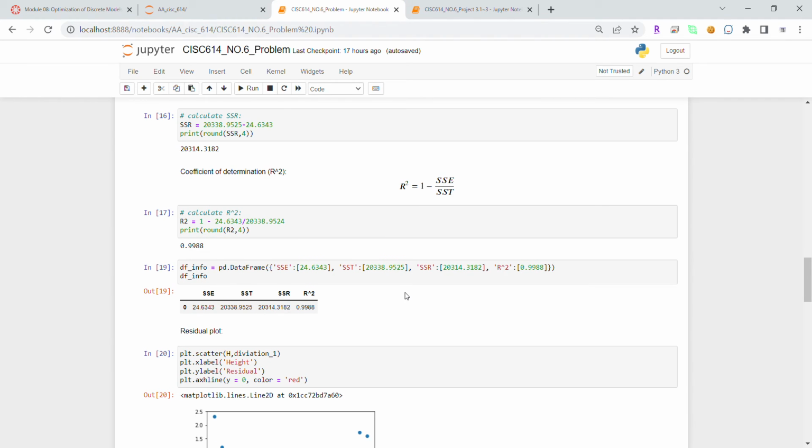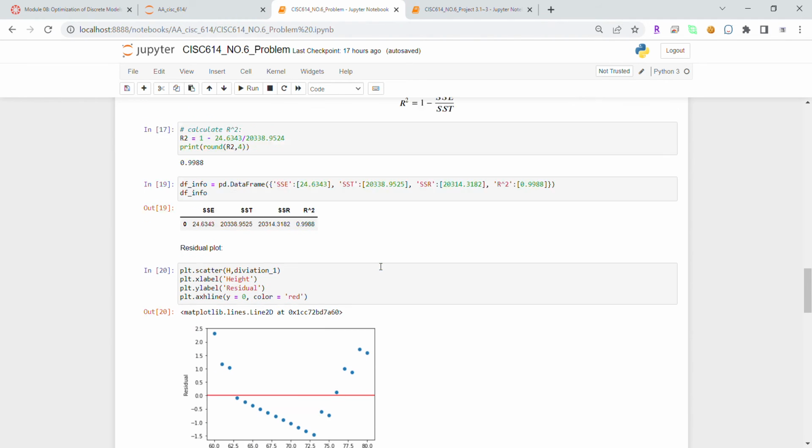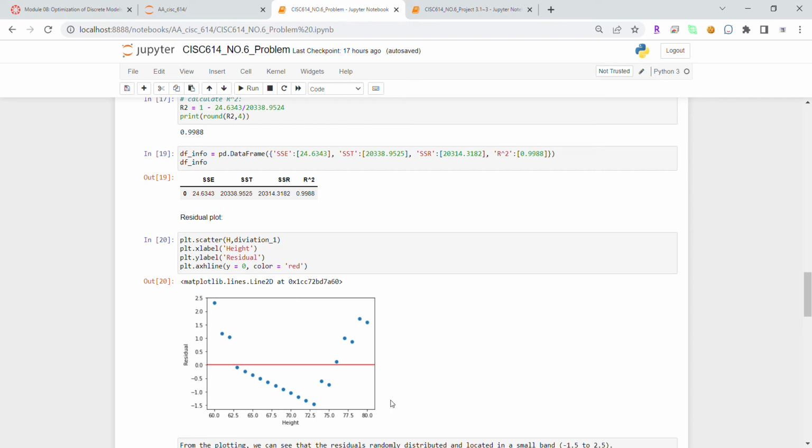Then I made the residual plot, where the x-axis is the x value in the table, and the y-axis is the residuals, which is the deviation of the actual value from the table and the predicted value from our model.